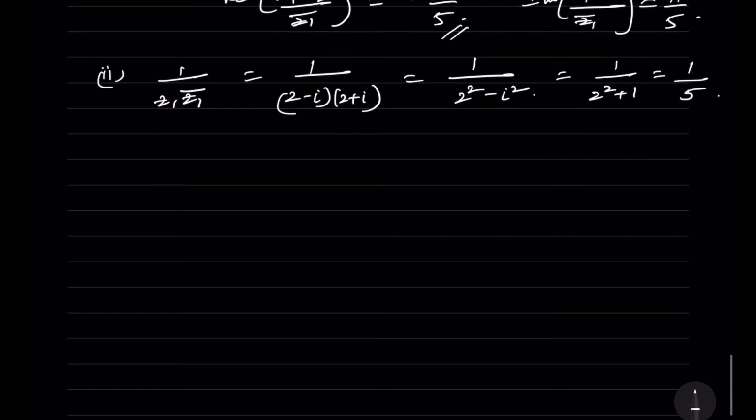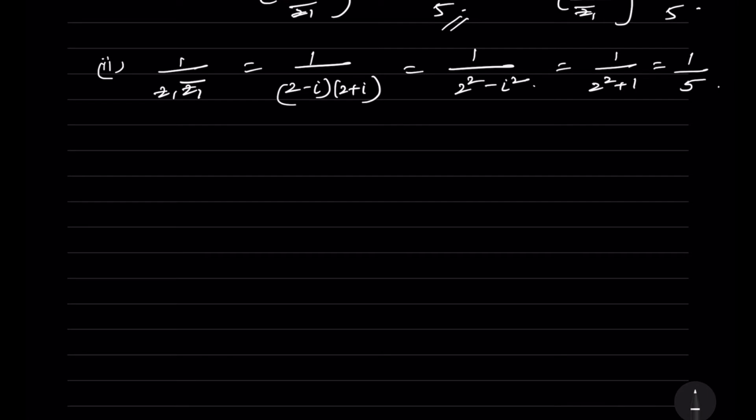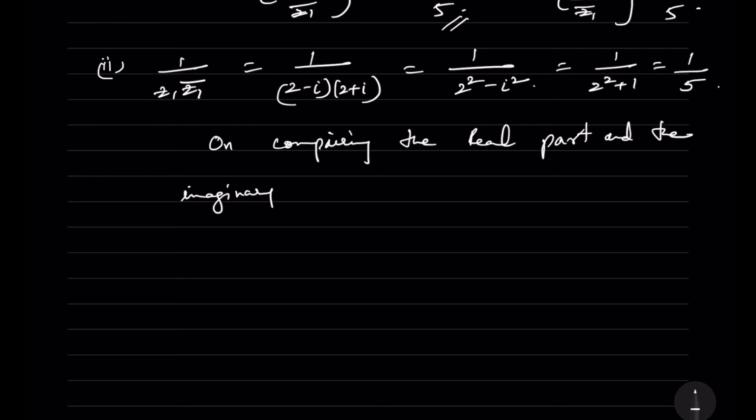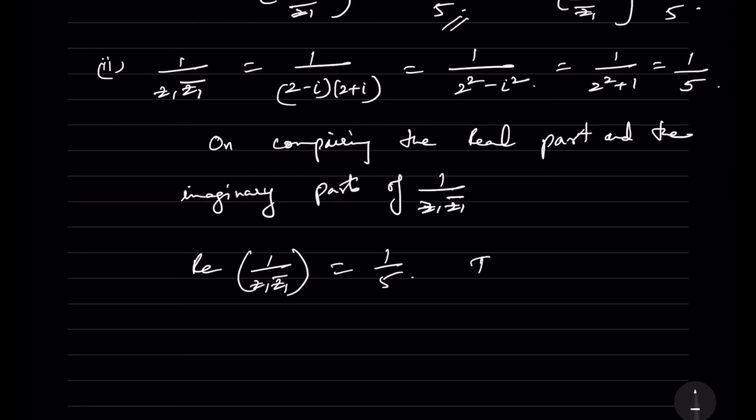So on comparing the real part and the imaginary part of 1 by z1 into z1 bar, real of 1 by z1 into z1 bar is equal to 1 by 5 and imaginary of 1 by z1 into z1 bar is nothing but 0.